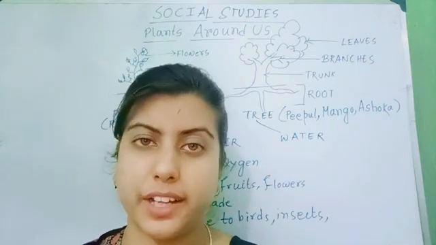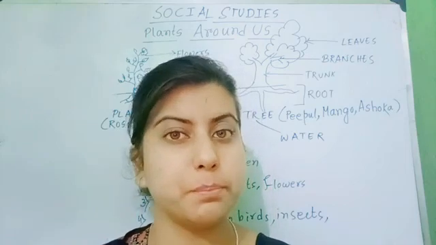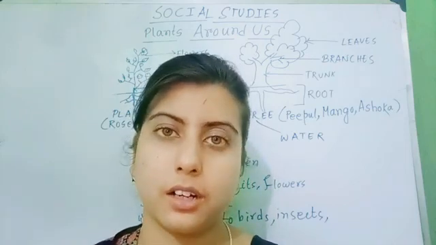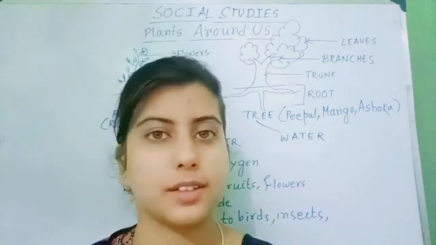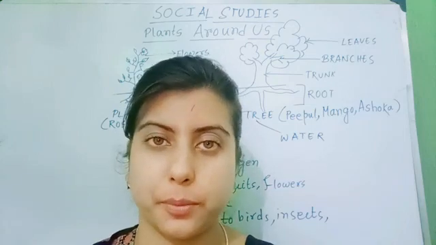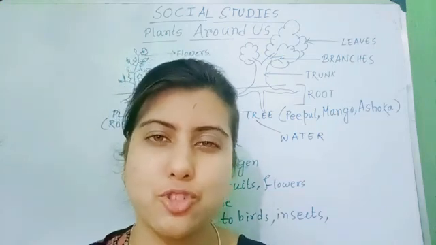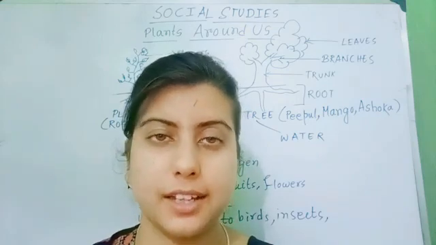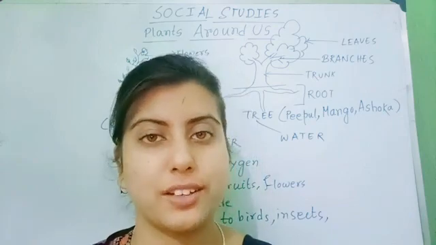Now children, you can already understand how important trees are. So we should protect them. We should not cut trees. We should give trees water. And whenever you see some tree being cut, then immediately plant another tree.